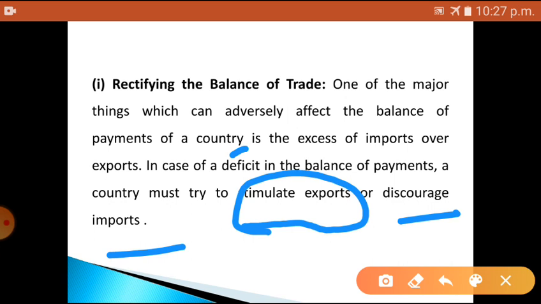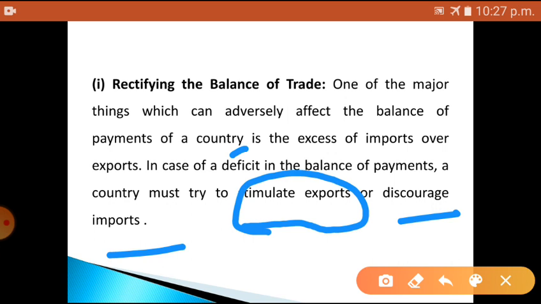Rectifying the balance of trade means that when countries import more than they export, a deficit of course happens. For that purpose a government should promote exports and discourage imports.